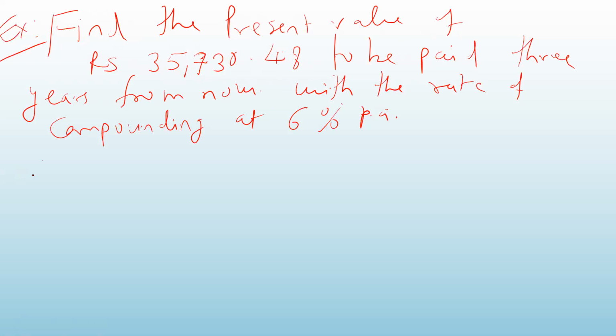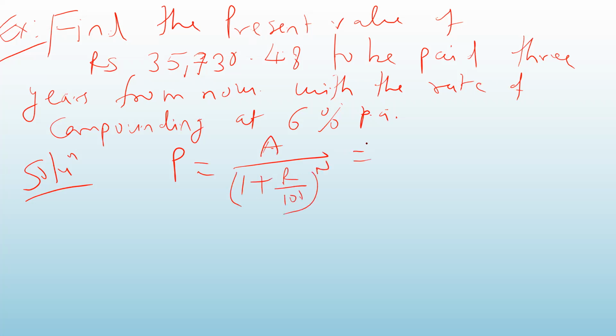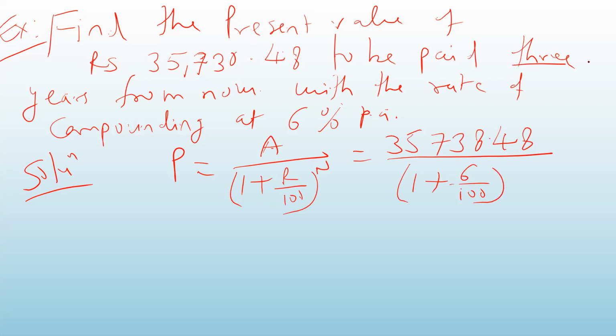So as I told you, how do you calculate the present value? The present value P is the future value divided by 1 plus R upon 100 raised to power n. The future value is given to you: 35,730.48 divided by 1 plus R, which is 6 upon 100, and to be paid 3 years from now, so n is 3.